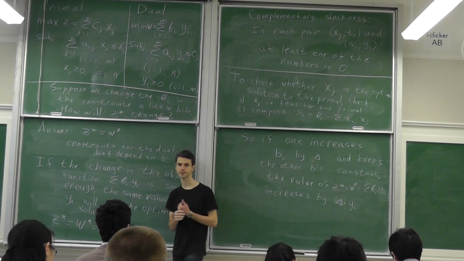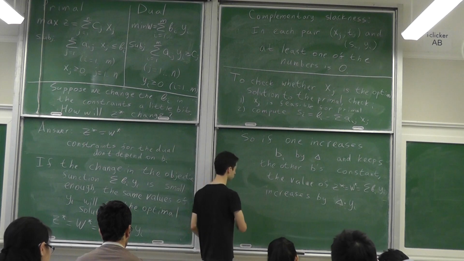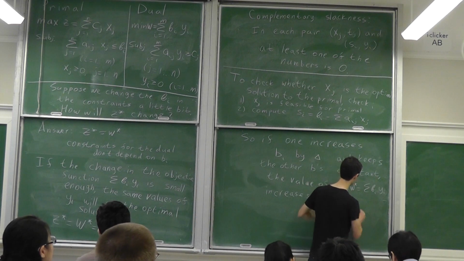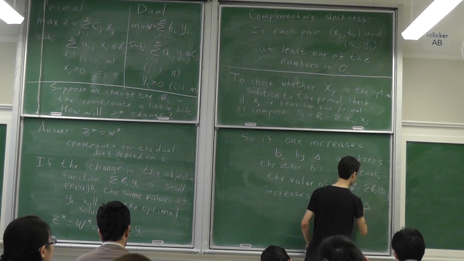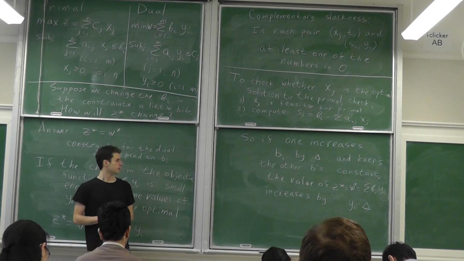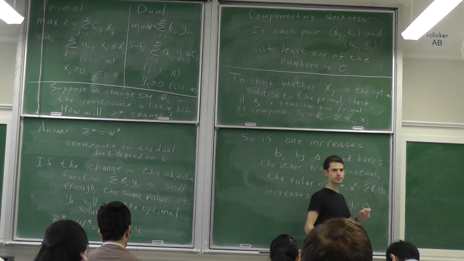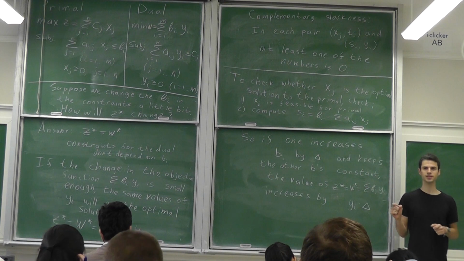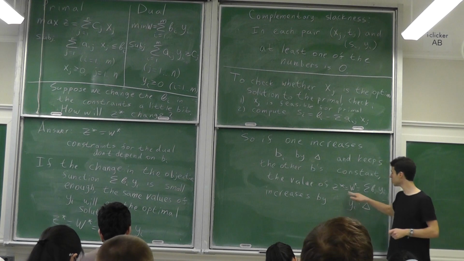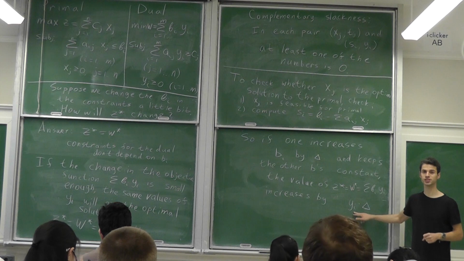So it's yi times delta. So if you increase bi by some small unit delta, the optimal solution will increase proportionately, and the coefficient of proportionality is exactly yi.